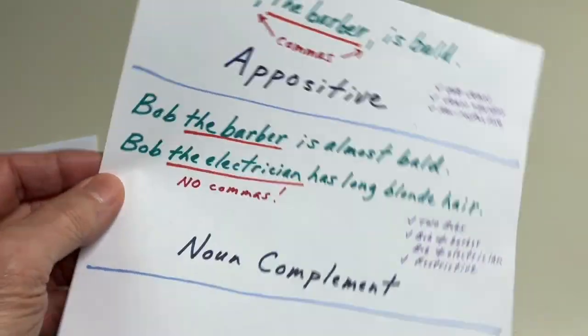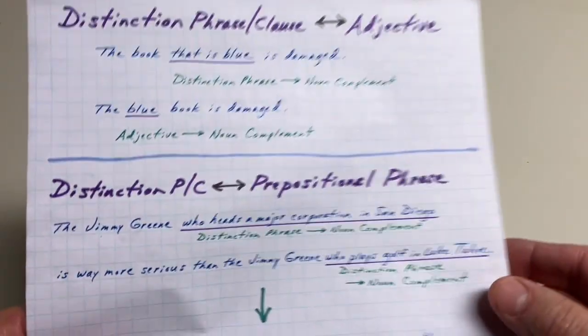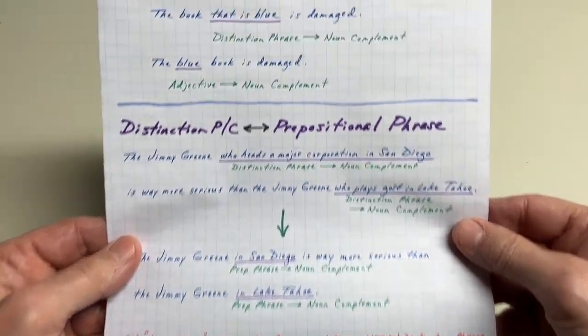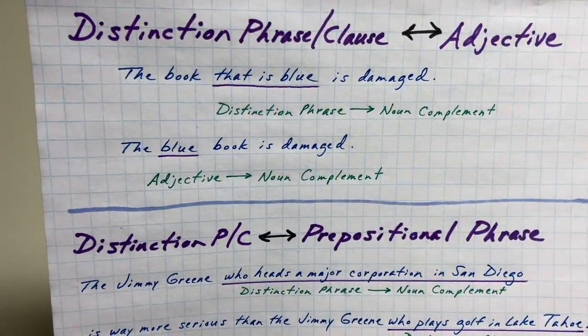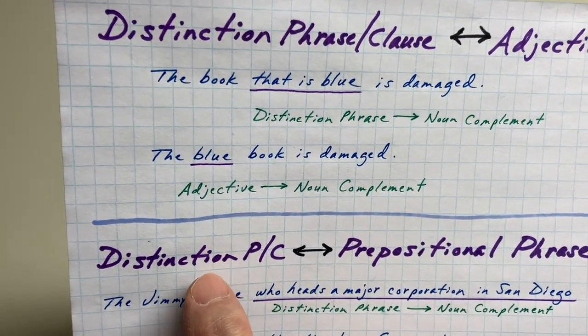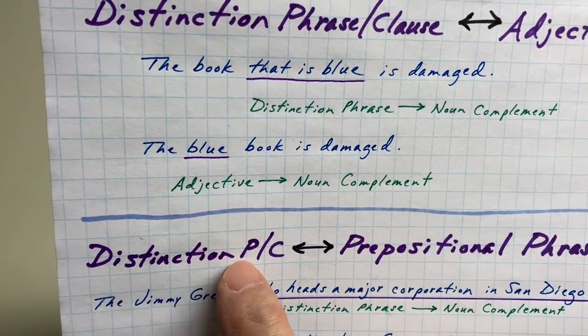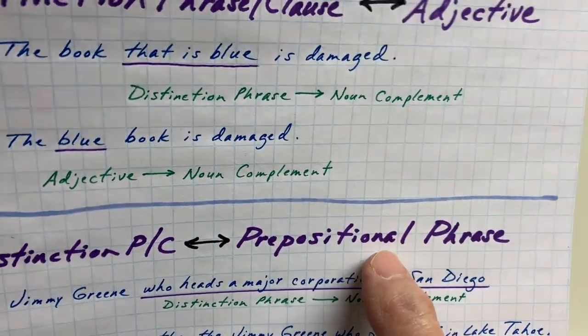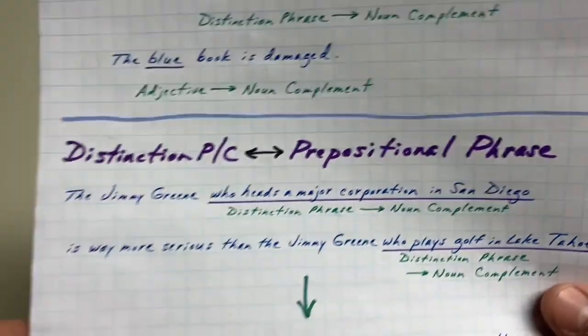Context and commas. And that was the whole point of making these two videos. So there you have it. I think that pretty well covers the proof that there is definitely an association, a connection between the distinction phrase or clause used as a noun complement and the prepositional phrase used as a noun complement.